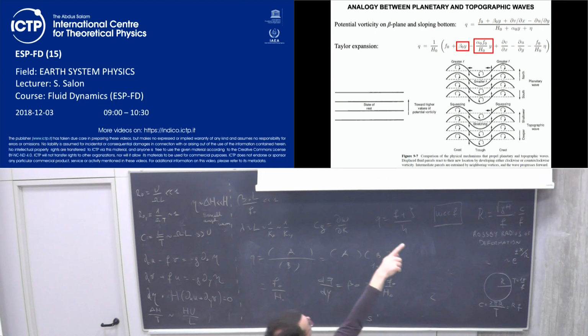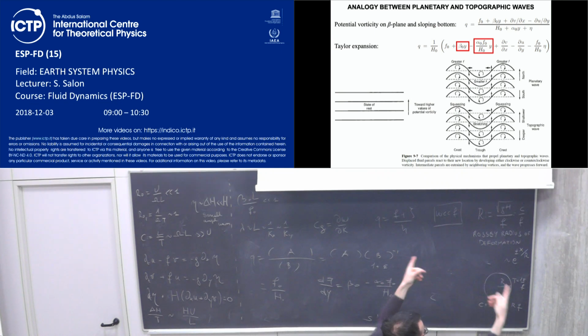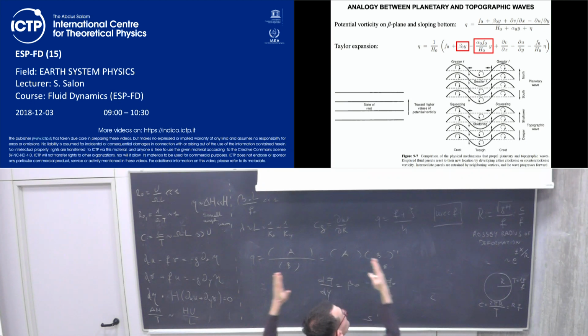On the right side I will have the opposite, and so if I apply the same effect on all the parcels, the total effect is to move the entire fluid flow towards west in this case.